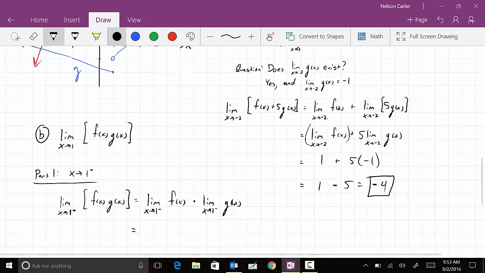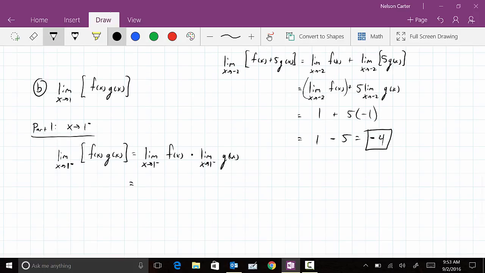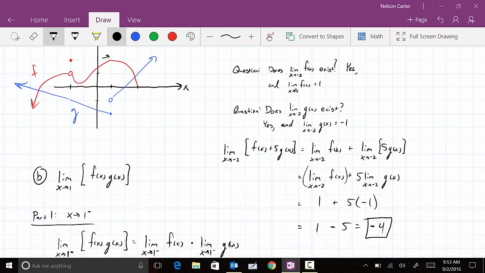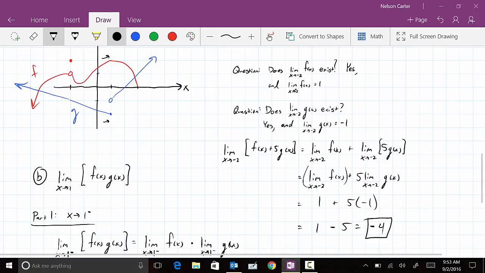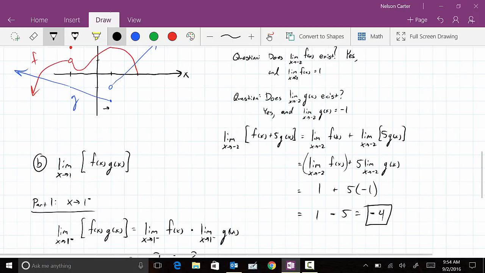So what is the limit as x approaches 1 from the left for f? As you're getting closer and closer to 1 from the left, the y value is getting close to 2. And for g, as you're getting closer and closer to 1 from the left, the y value looks like it's getting close to -2. When you multiply these together, you get -4. So that's the first part.